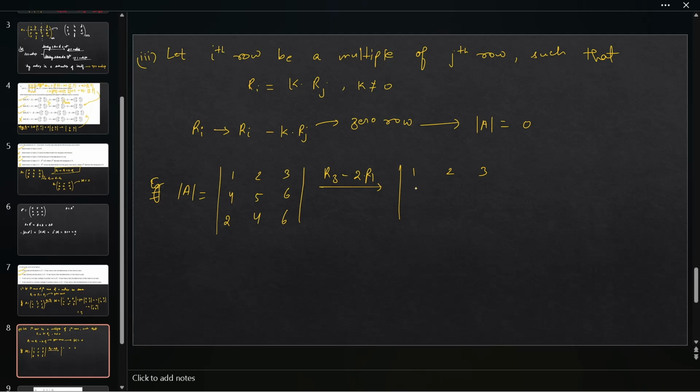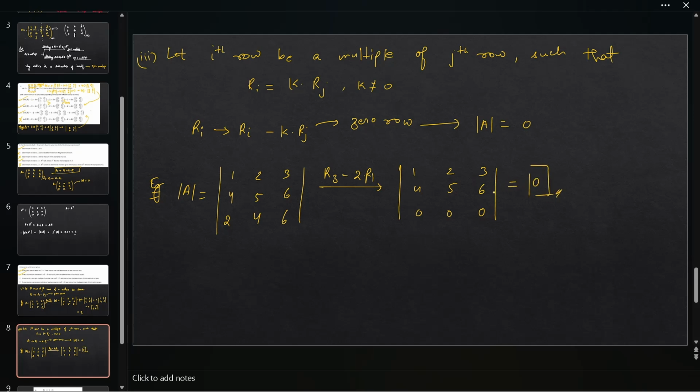I will get 1, 2, 3, 4, 5, 6. And in row 3, I'm subtracting 2 times row 1. That is 2 minus 2 times 1, that is 0. 4 minus 2 times 2, that is 0 again. And 6 minus 2 times 3, that is 0 again. So again, I am obtaining a 0 row in this particular matrix. So the determinant of this matrix is going to be 0.